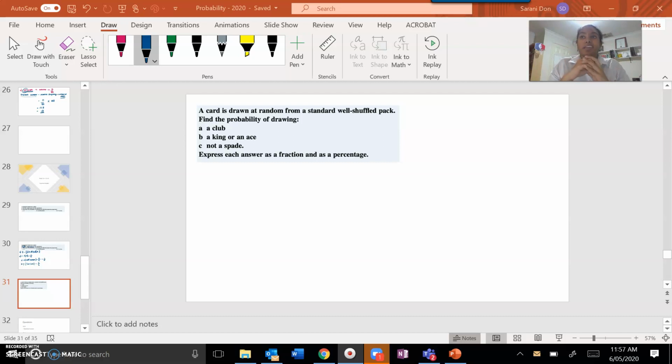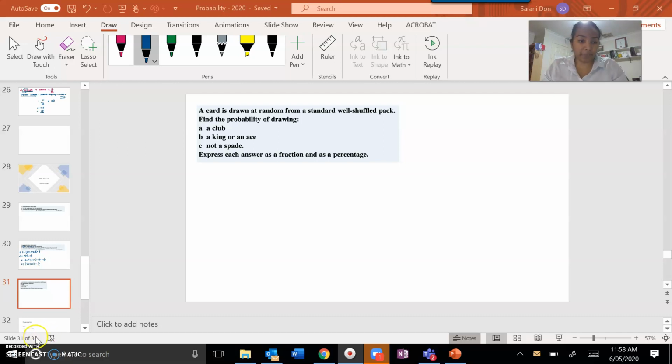Each suit has king, queen, jack, 10, all the way down to 2, and then ace. So there are 13 in each suit, giving a total of 52. If you're not sure what a card deck actually looks like, have a Google and see what the deck is like and be familiar with it. You might have some card decks lying around. If you do, they'll be even more helpful.